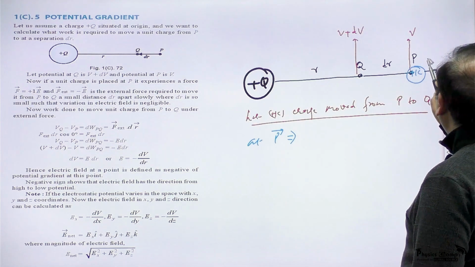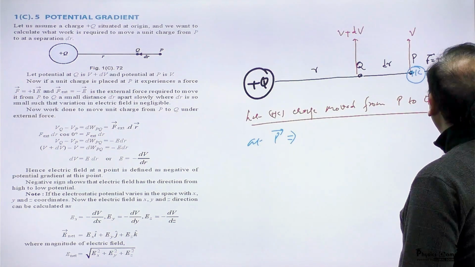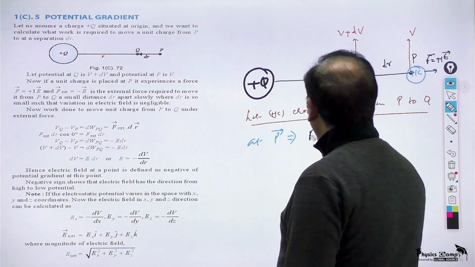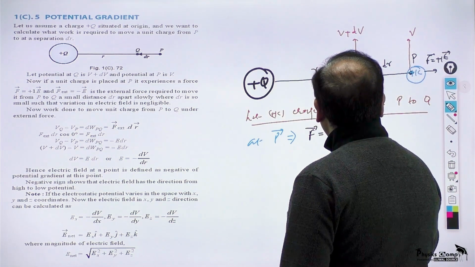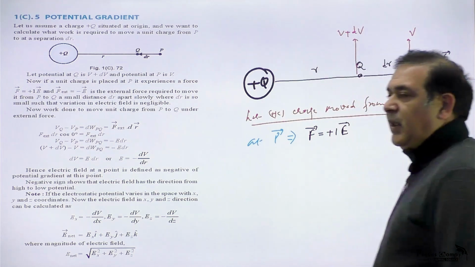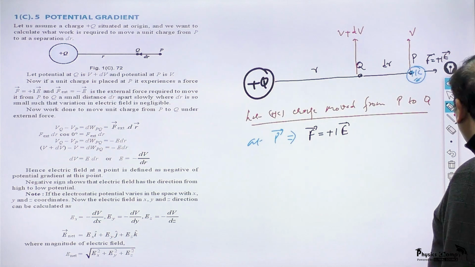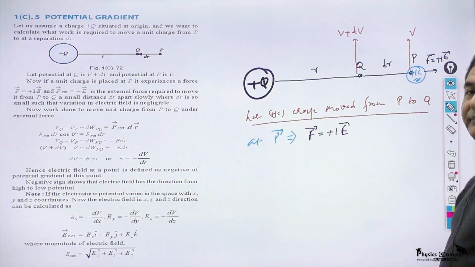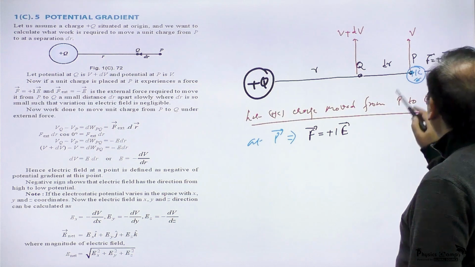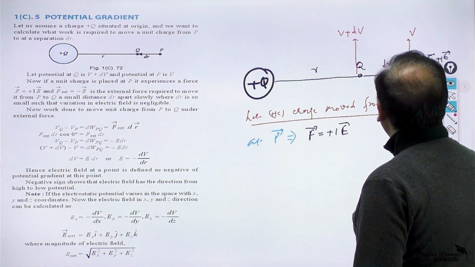Your answer is, it will experience a force that is 1E. So force by system will be 1E, and it is that force which will try to move this 1 coulomb away from it. But we wish to bring this 1 coulomb from P to Q.